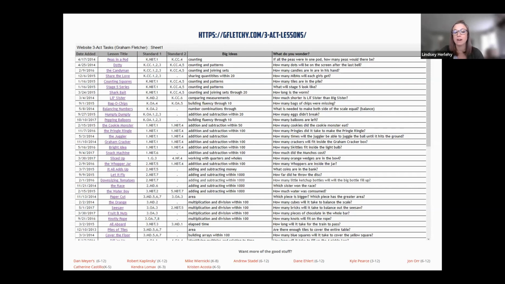They're all here. They are by standard, kindergarten through I think 6th grade maybe, or 5th grade. They talk about what the big idea is, and then the question that is of interest. So all of these are here, plus he references some other resources at the bottom for higher grade levels or other elementary 3-act task resources.